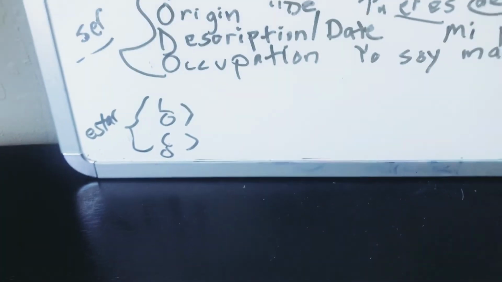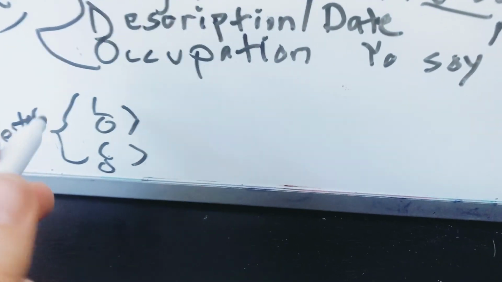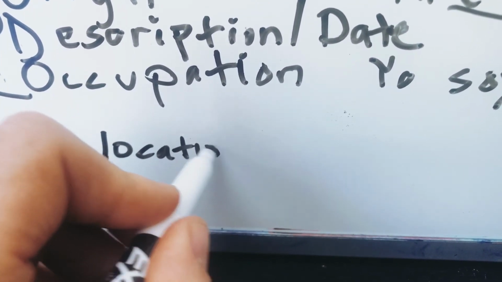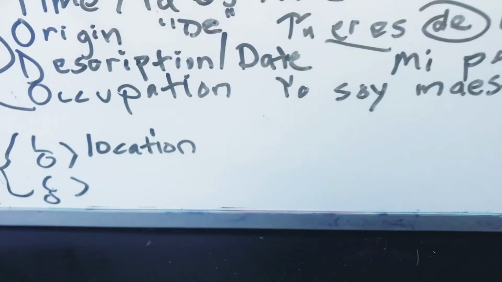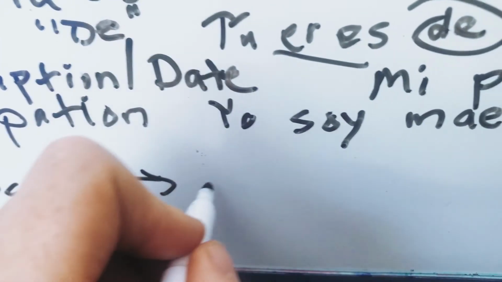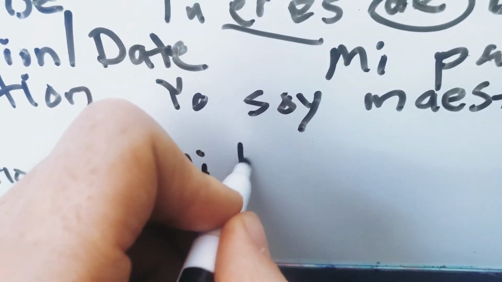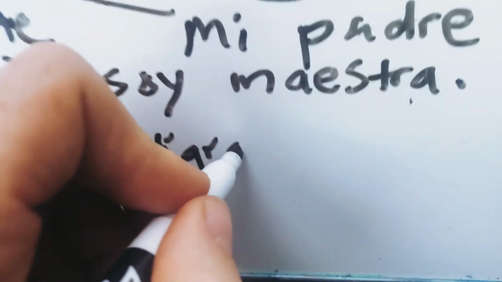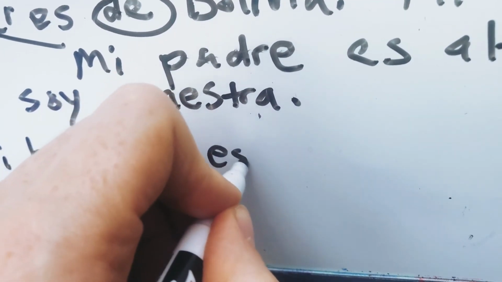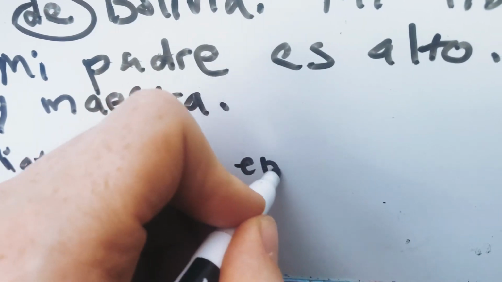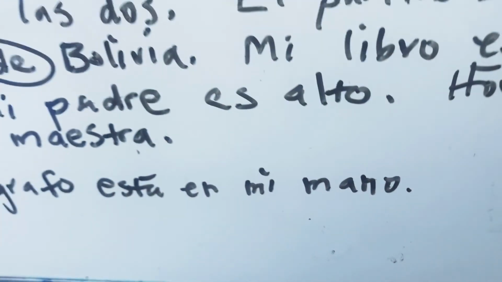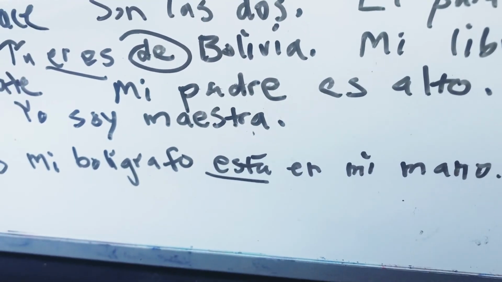Moving down to estar, loco. Lo standing for location, where a person or object is in a certain moment. Mi bolígrafo está en mi mano. My pen is in my hand. That is the location of the pen, and so I use estar.